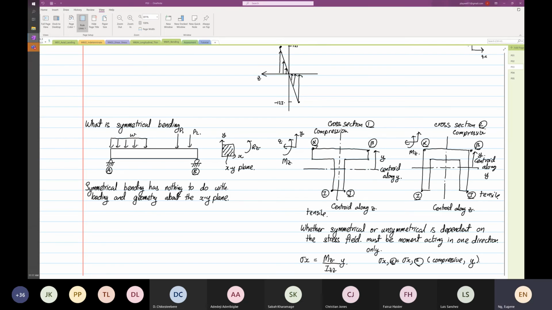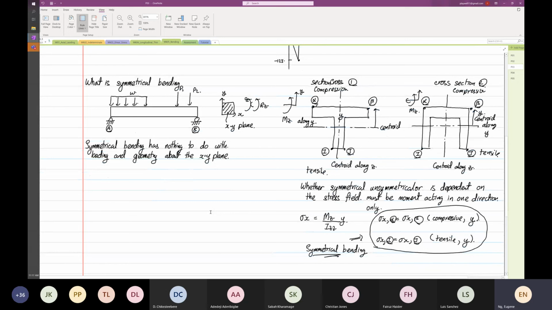In this context, when they satisfy this condition over here, this is what we call symmetrical bending. When this condition is satisfied, it is what we call symmetrical bending.